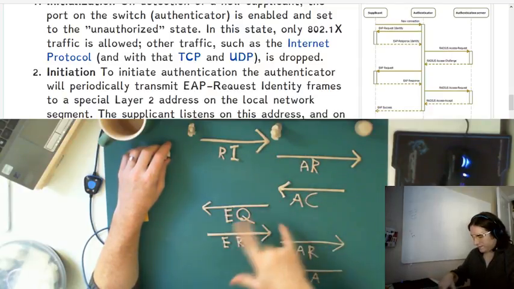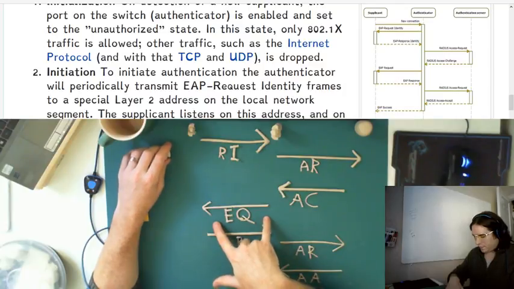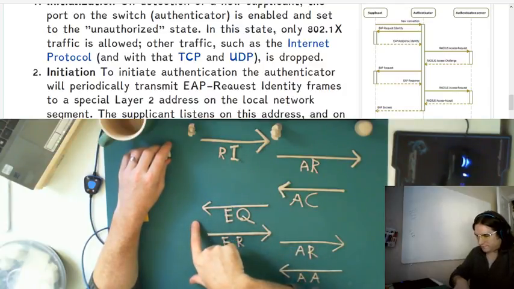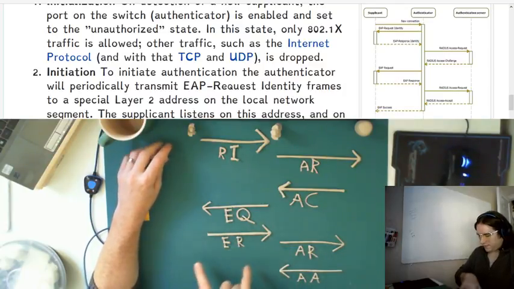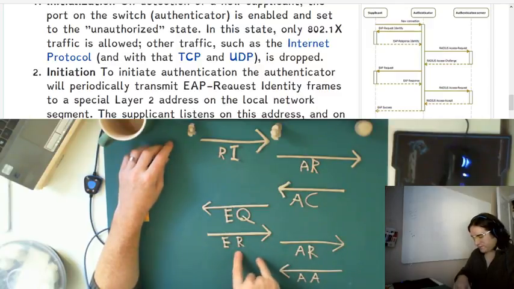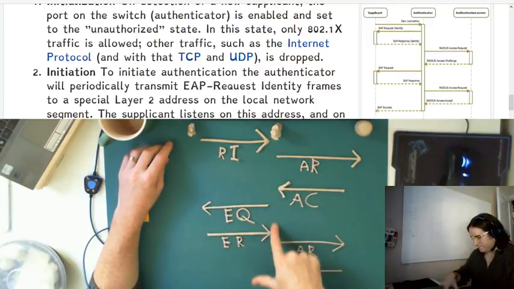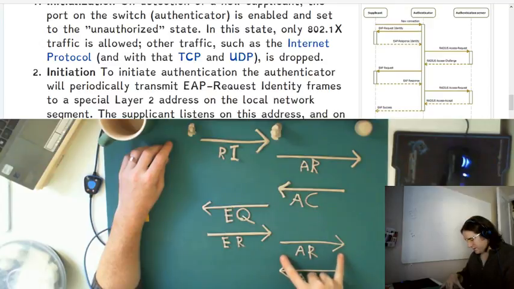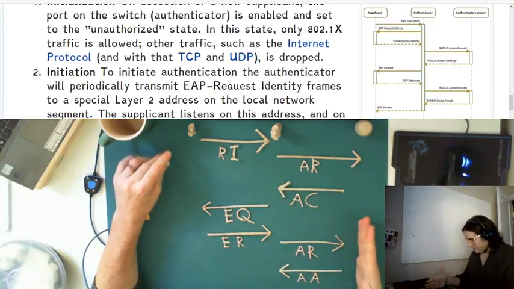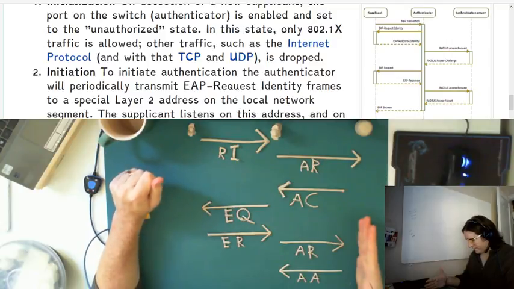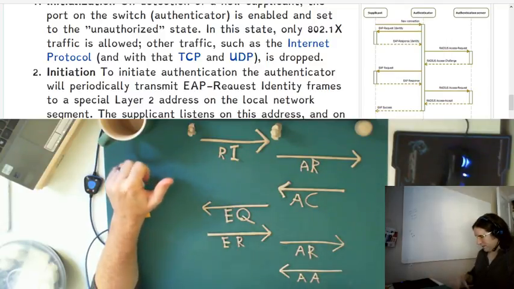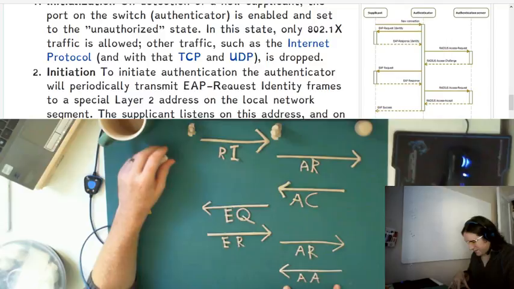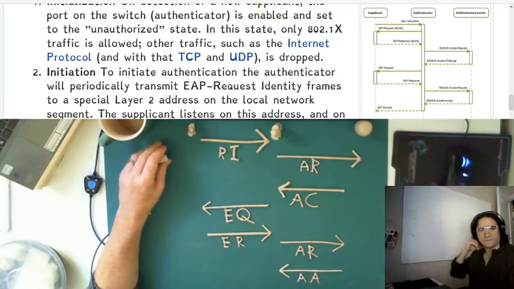Then the authenticator sends an EAP request to the supplicant. Then the supplicant sends an EAP response to the authenticator. And then the authenticator sends an access request to the authentication server. And the authentication server says access accept or reject.